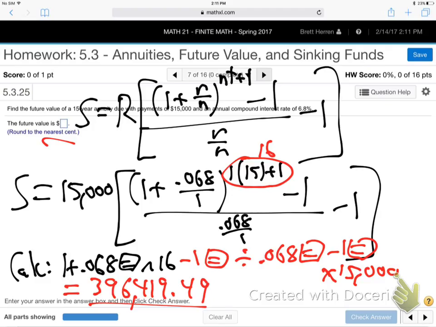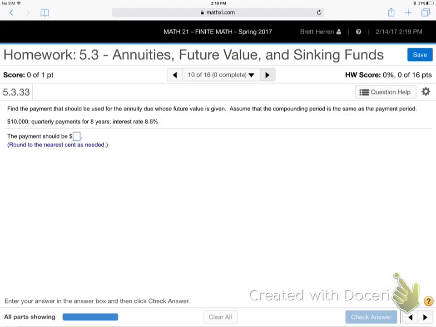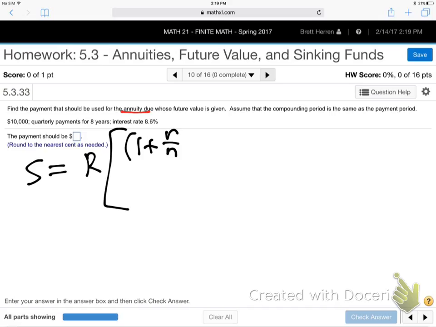All right. These are such messy formulas. So this is annuity due again, so we're going to use the annuity due formula. So that's S equals R times 1 plus R over N to the NT, plus 1 up there and a minus 1.